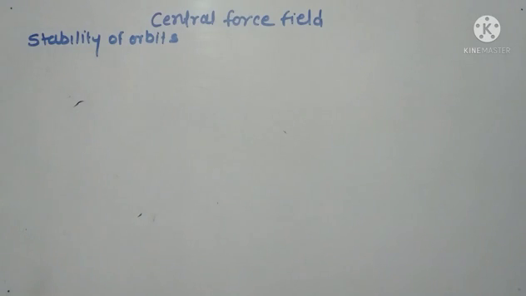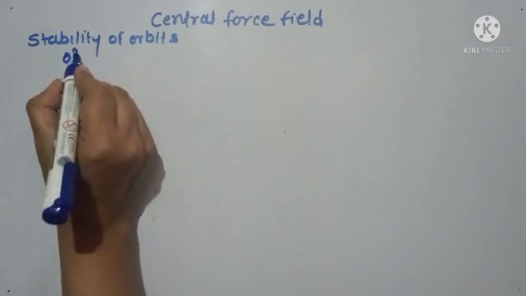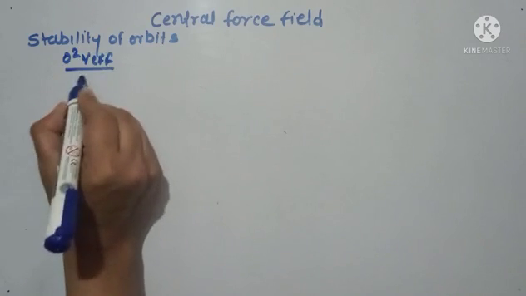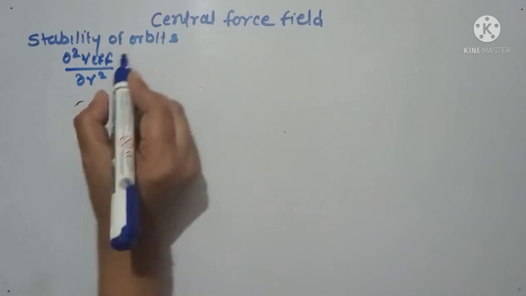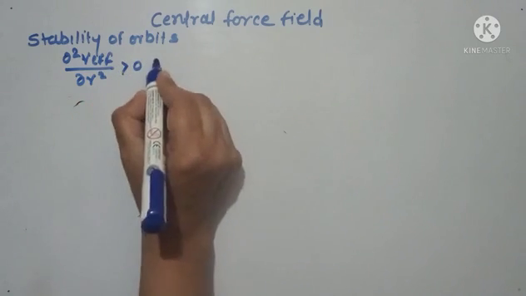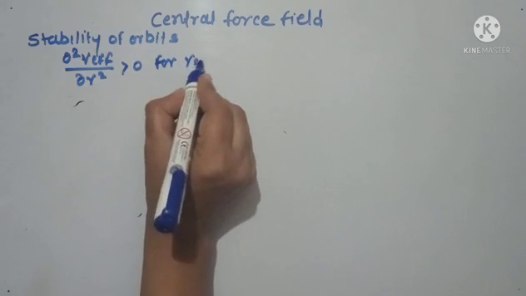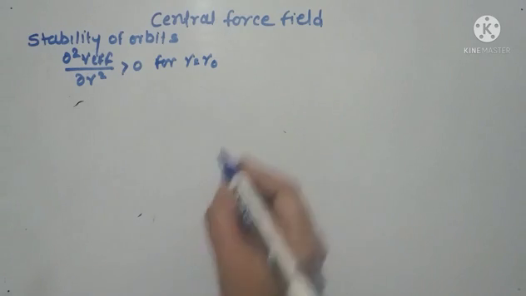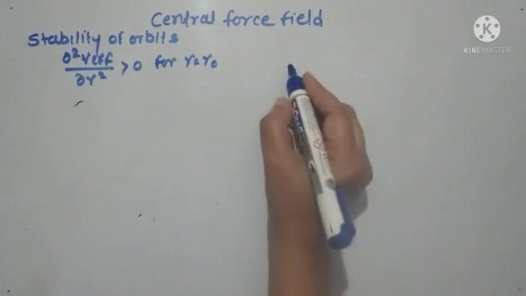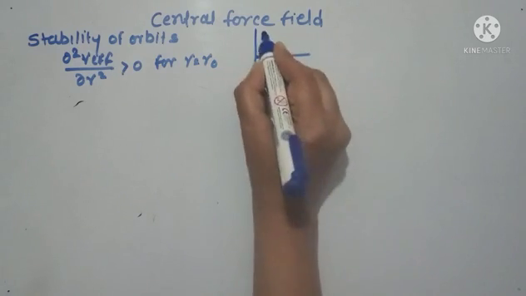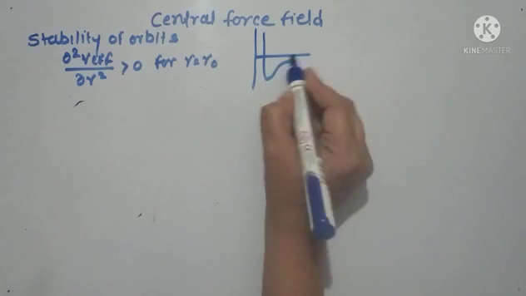There is a condition for the stability of the orbits, which states that d square V effective upon dr square must be greater than 0 for r equal to r naught. We have already seen the graph of V effective versus r.